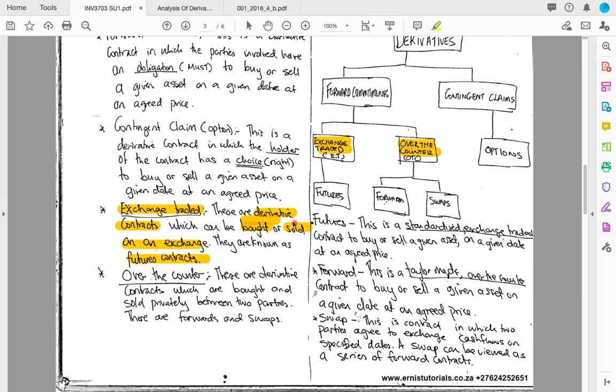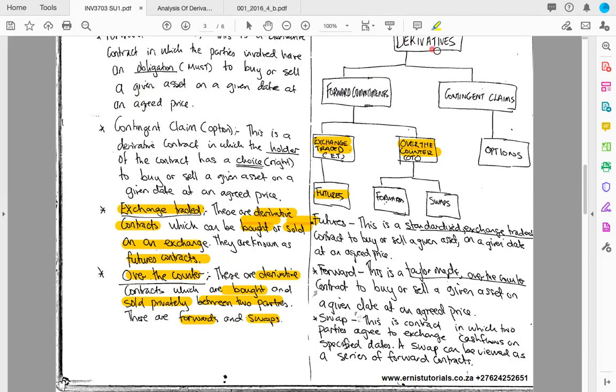And these types of forward commitments, which are exchange traded, are known as futures contracts. Whereas with over-the-counter forward commitments, these are derivative contracts which can be bought and sold privately between two parties. And these types can be separated into forwards and swaps.